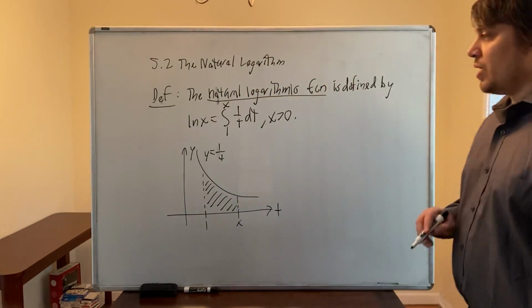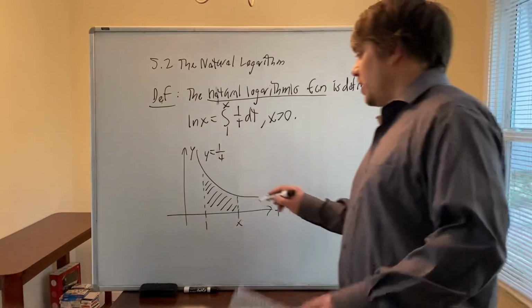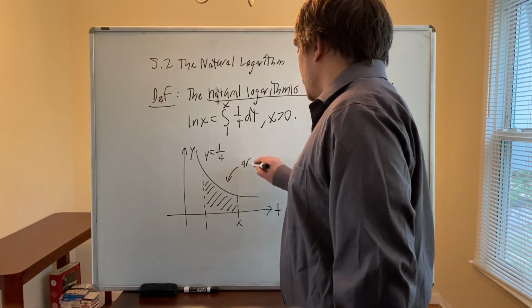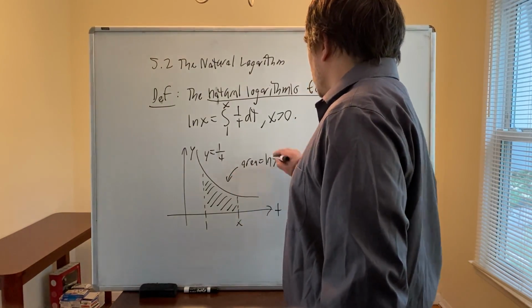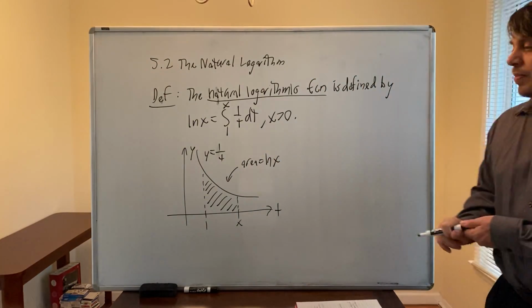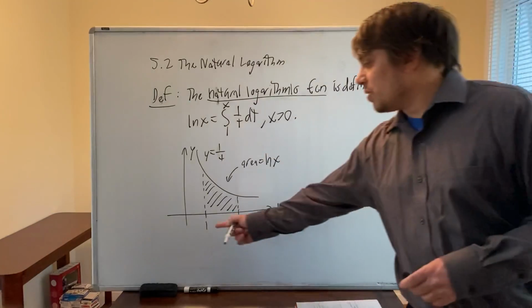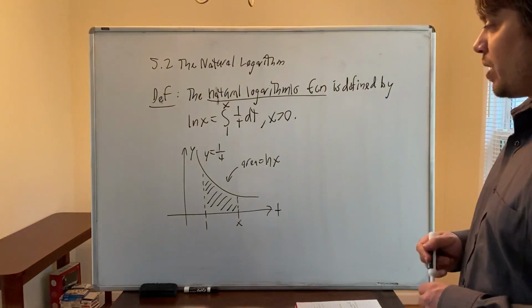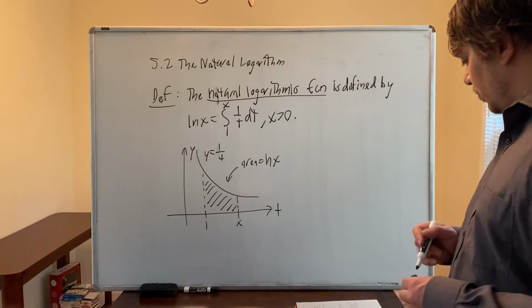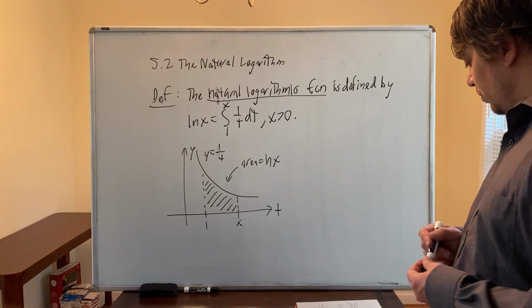The area of that shaded region is ln of x. Okay, so ln of x is the area under the curve y equals 1 over t from t equals 1 to t equals x, where x is positive.